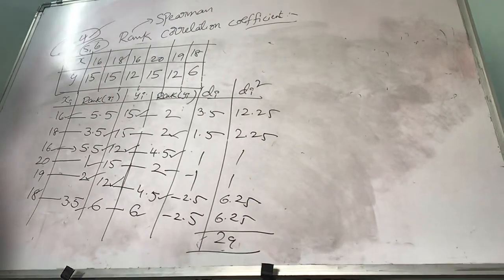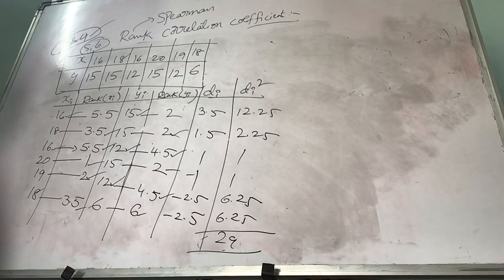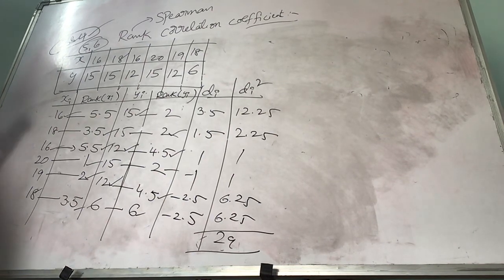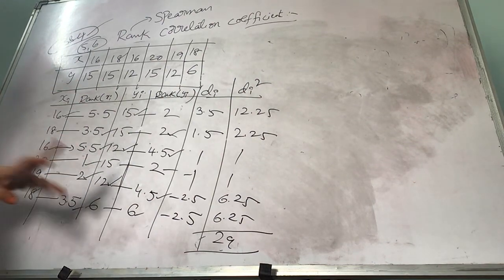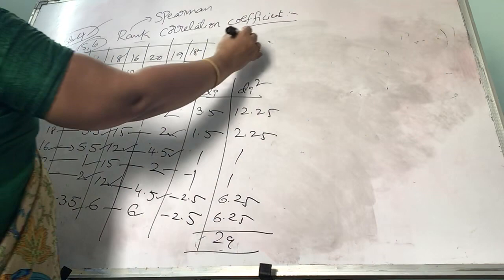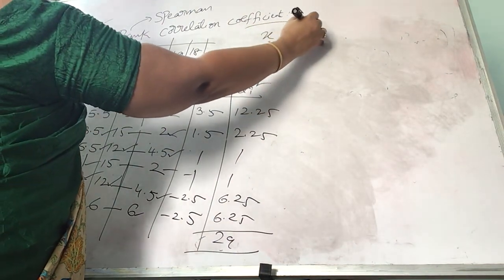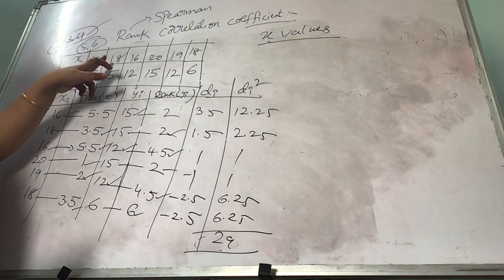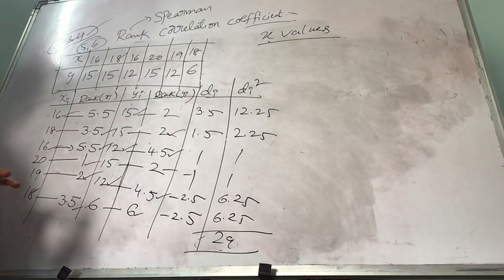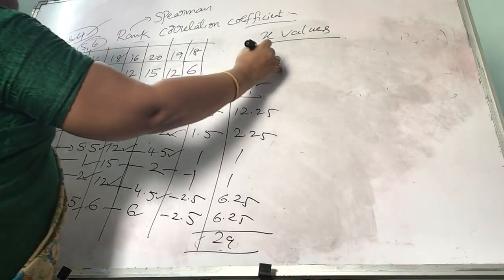Next, in addition to the di square values, we have to add the factor m into m square minus 1 by 12 for each of the repeated observations. In x values, which observations are repeated? 18 is repeated 2 times and 16 is repeated 2 times.